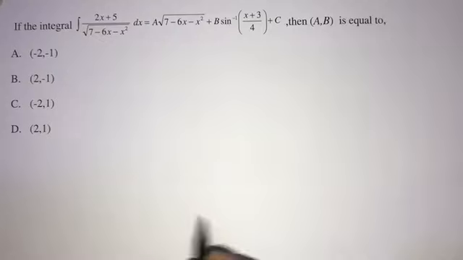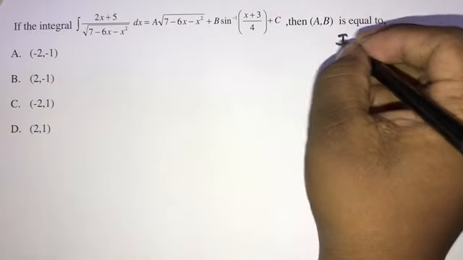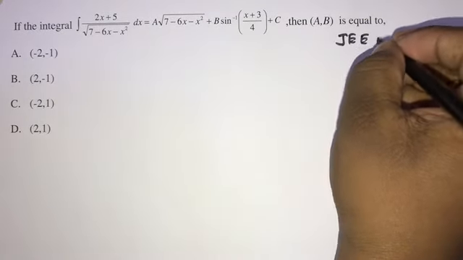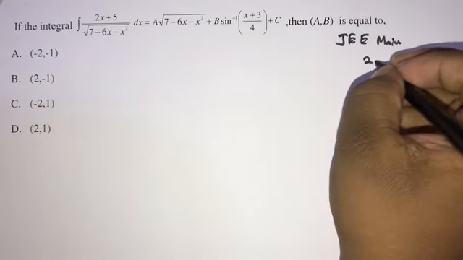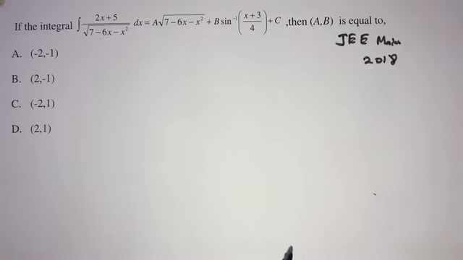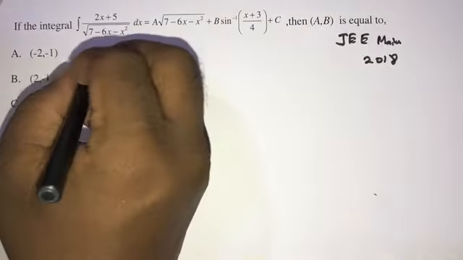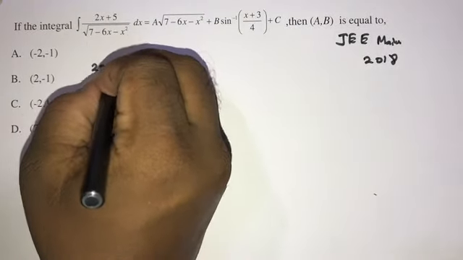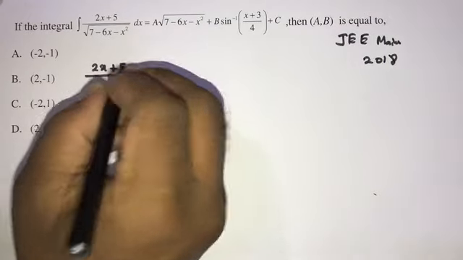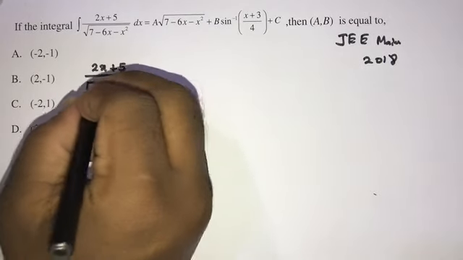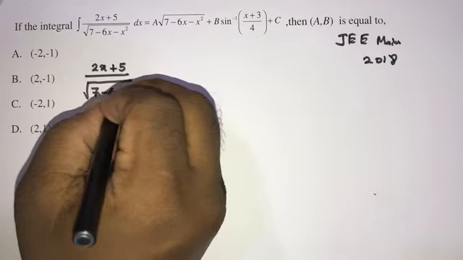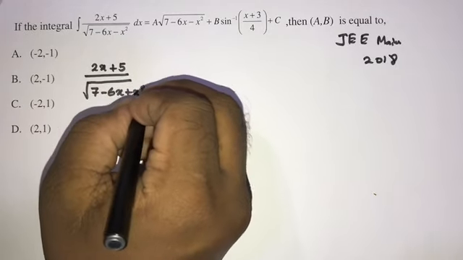Okay, our next question, this is JEE Main 2018. Okay, take the derivative of both sides, so we can write here 2 times x plus 5 over square root of 7 minus 6 times x minus x square.